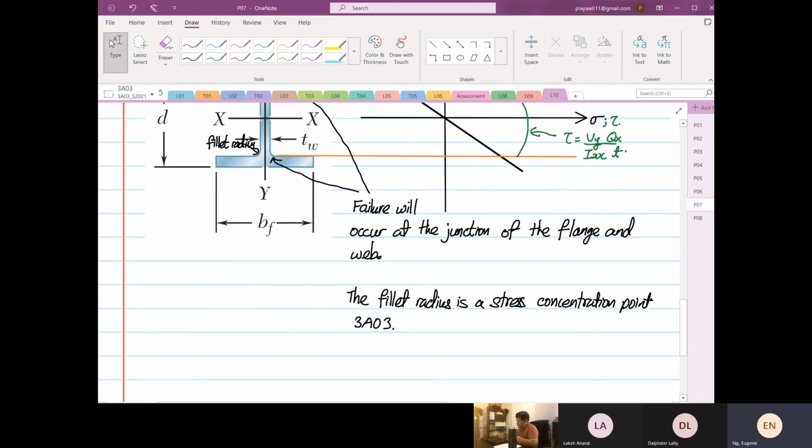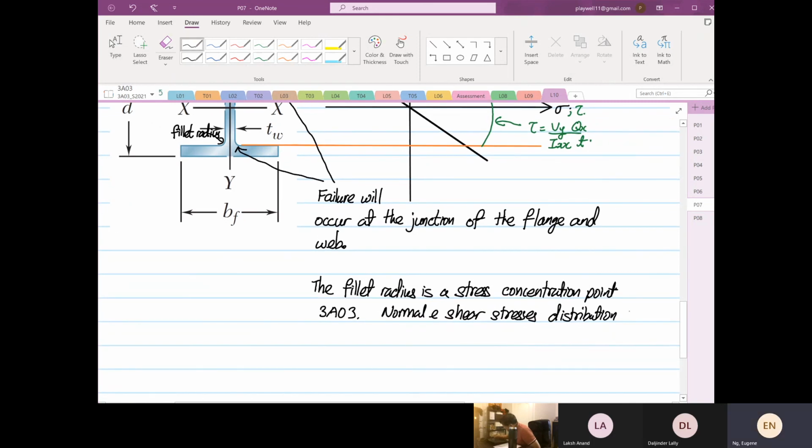So for 3AO3, you do normal and shear stress distribution by not considering the effects of stress concentration.